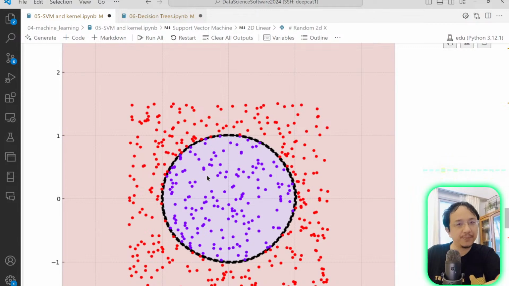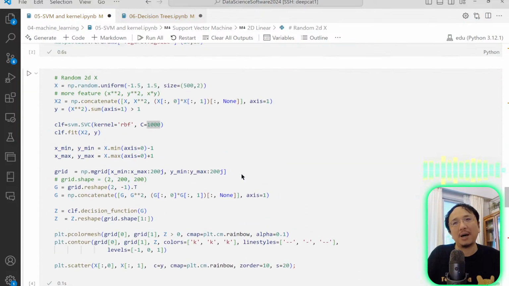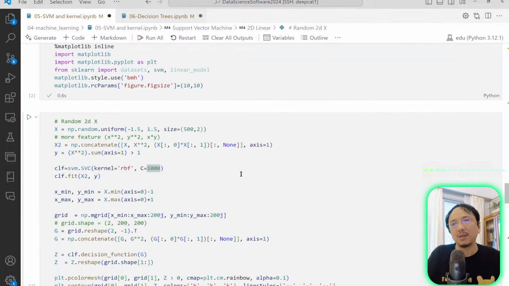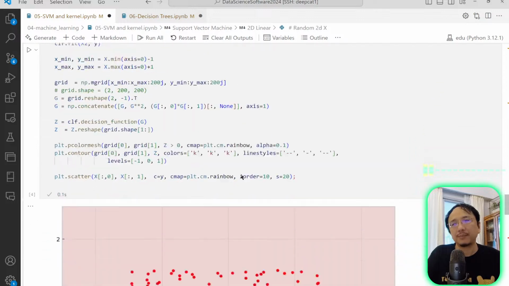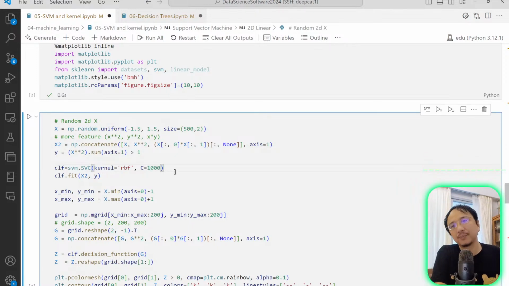Either way, we will have a better boundary. We don't have any noise here, because we are generating this data using a strict formula.